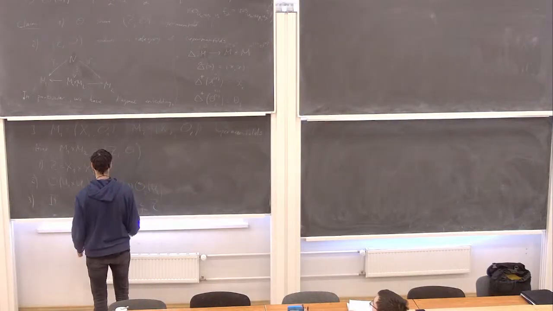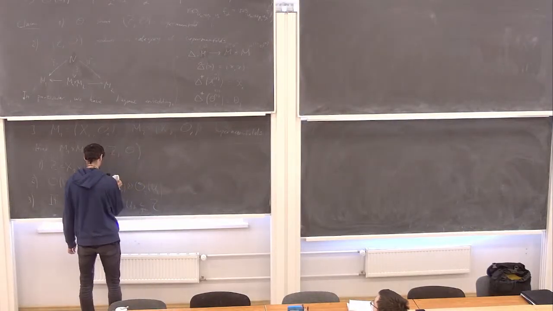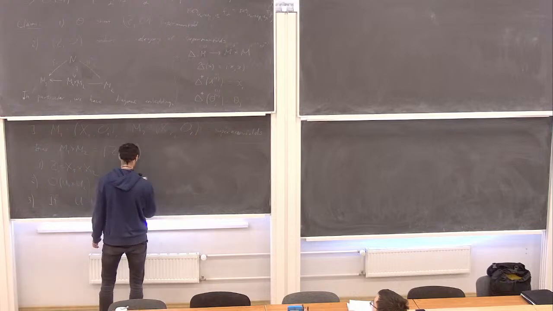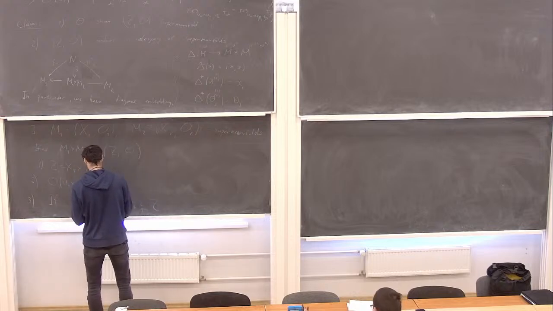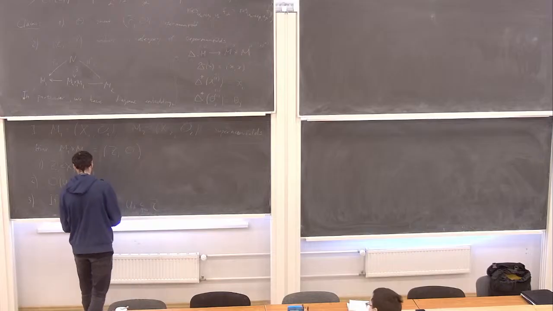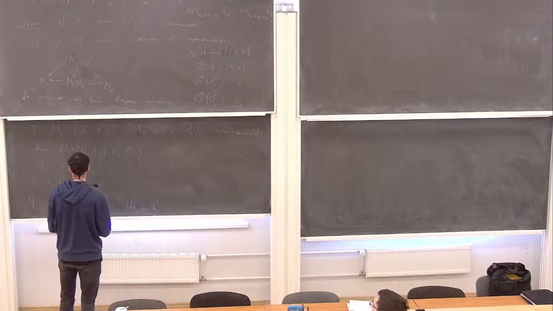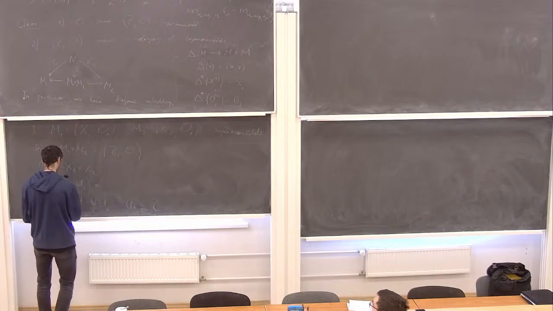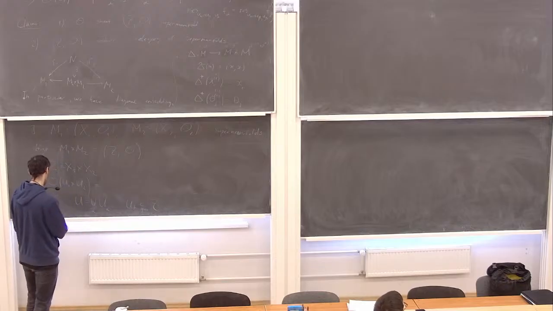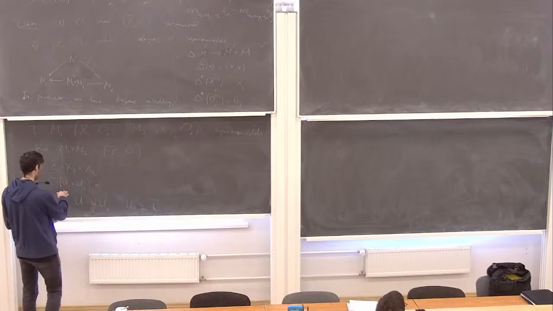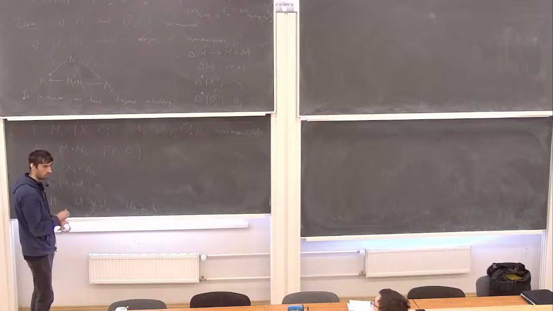So I want not this, but I want U1 and U2 to be, so this is a supermanifold, right? So I want this to be a chart.